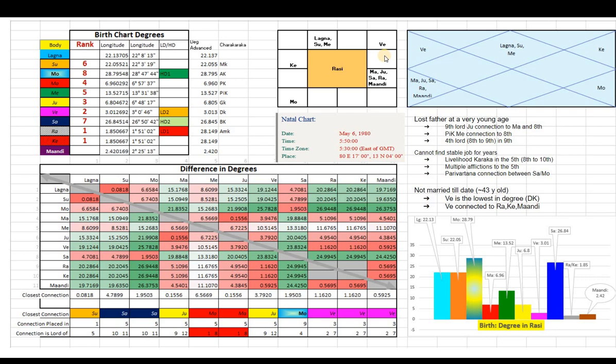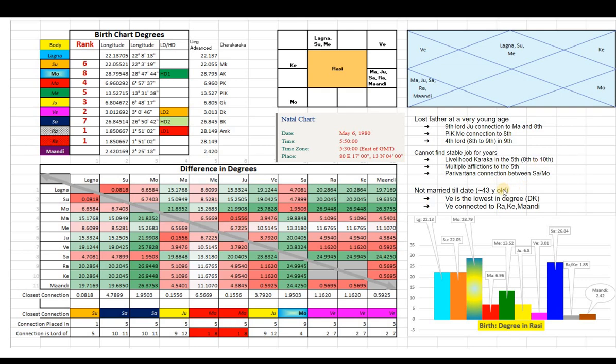And he is such a person, he will, even if he has been getting jobs, not that he has not got jobs, he might have got some hundreds or 150 jobs, and he will be there for 2 weeks, 3 weeks, 1 month, leave it out that way. That Moon's quality is reflected in the livelihood of Saturn there. So those things are coming out clearly from this connection table.